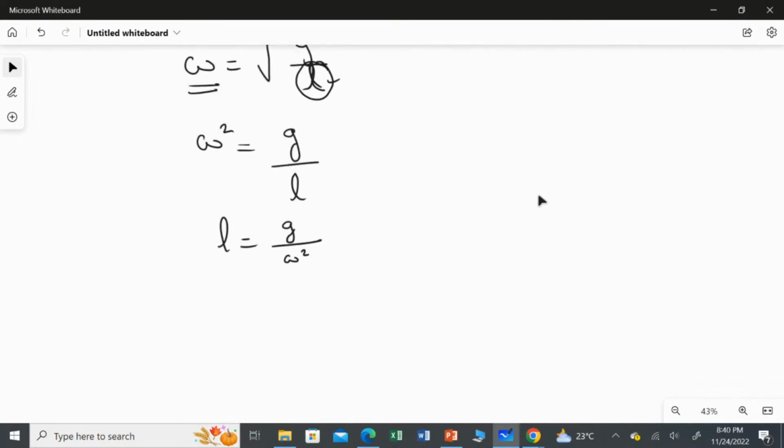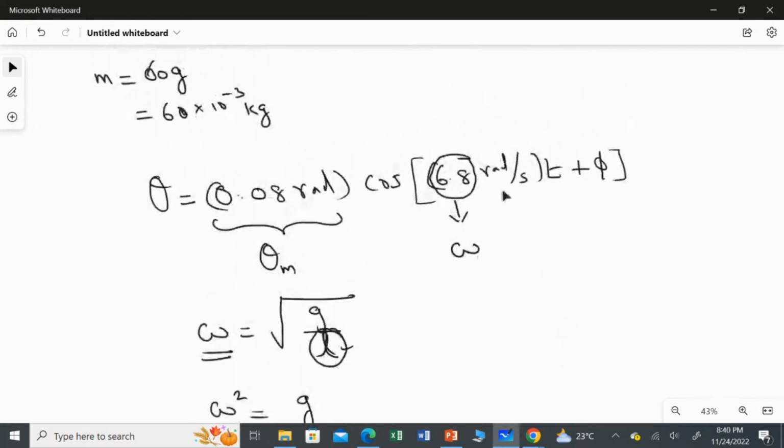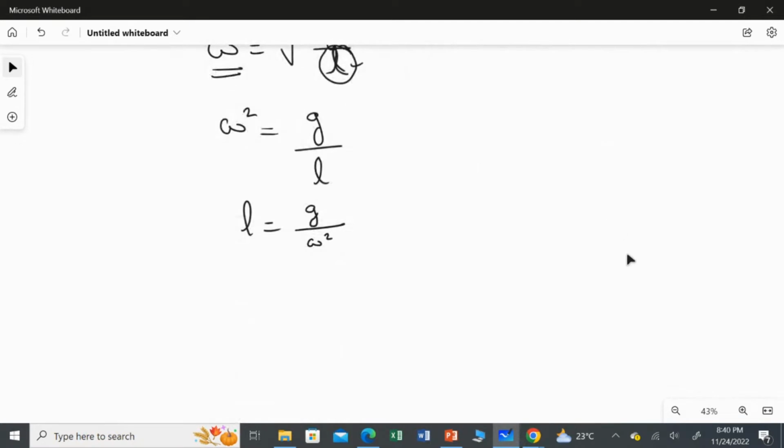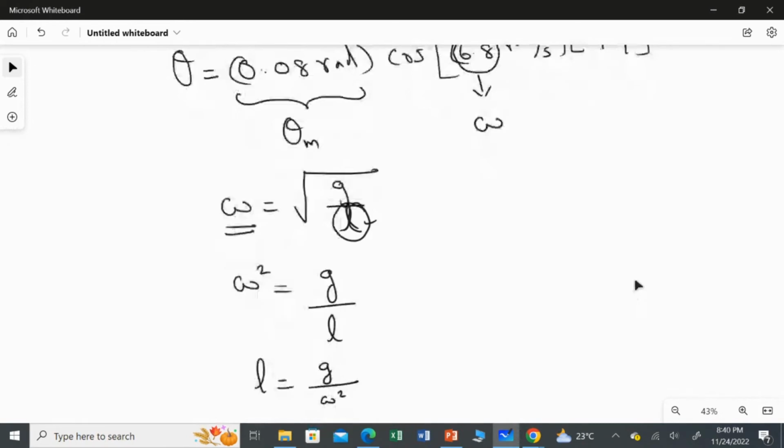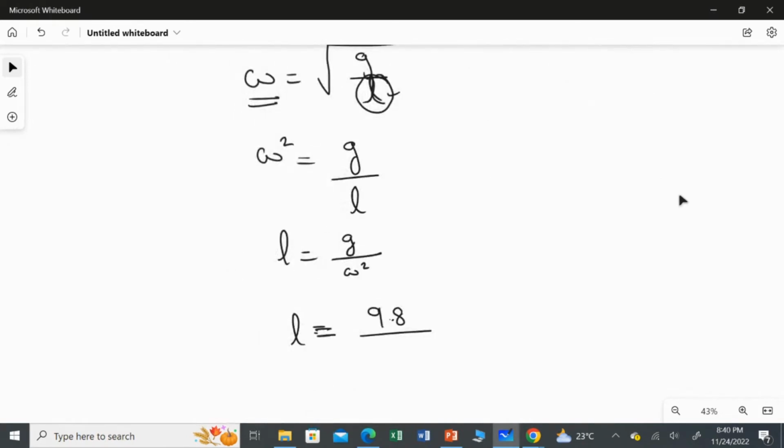Now we have the value for omega from the equation. So from the equation, what is our omega? It is 6.8 rad per second, and g is the constant 9.8. So I'm going to substitute the values for finding the length of the pendulum. Therefore, the length L is equal to 9.8 divided by the angular frequency 6.8 square. That's very, very important.